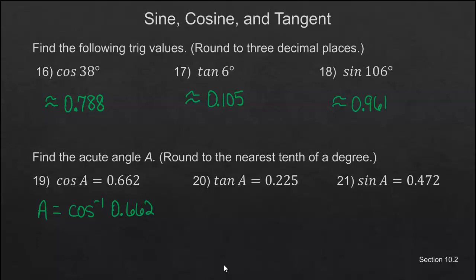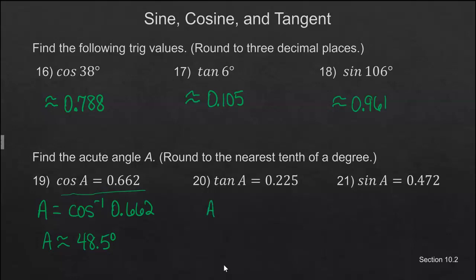And you're going to put in the 0.662. I just close the parentheses to be on the safe side. We're finding the measure of the angle that we get from this ratio. So our angle is 48.5 degrees. And that's how you're going to find angle measure. If this is given, you're going to do second cosine, second tangent, second sine, whatever it is that you need.